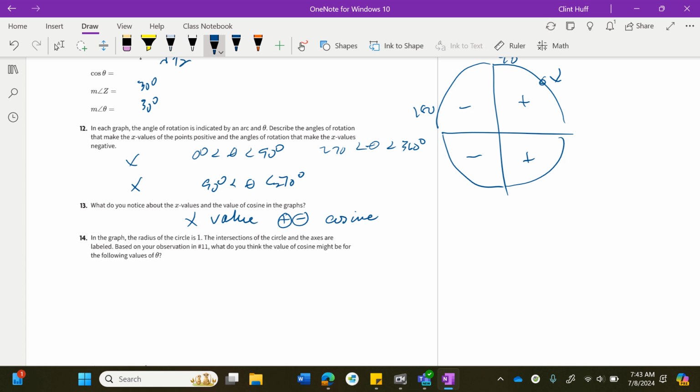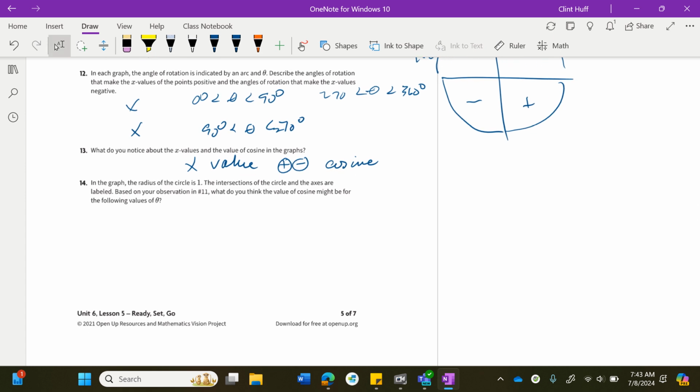But on a circle of radius other than 1, the cosine is the ratio between the x coordinate and the radius. Okay, and then in the graph of number 14, the radius of the circle is 1. The intersections of the circle and the axes are labeled based on your observations. What do you think about the cosine?